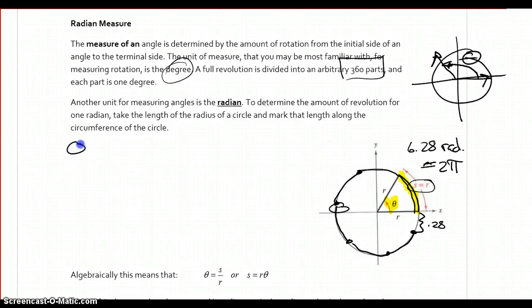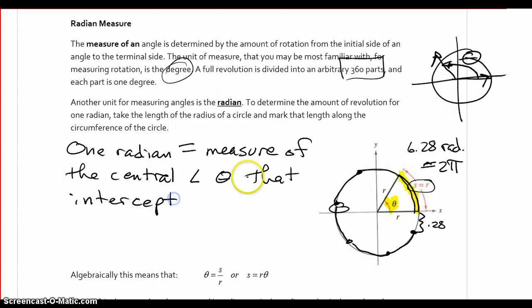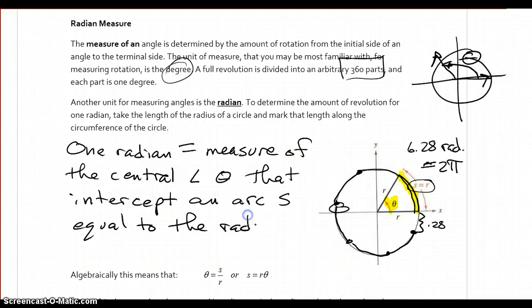Okay, so 1 radian is equal to the measure of the central angle theta that intercepts an arc S equal to the radius of the circle.